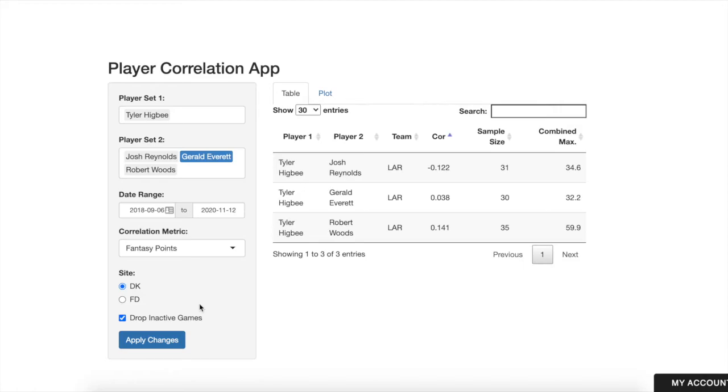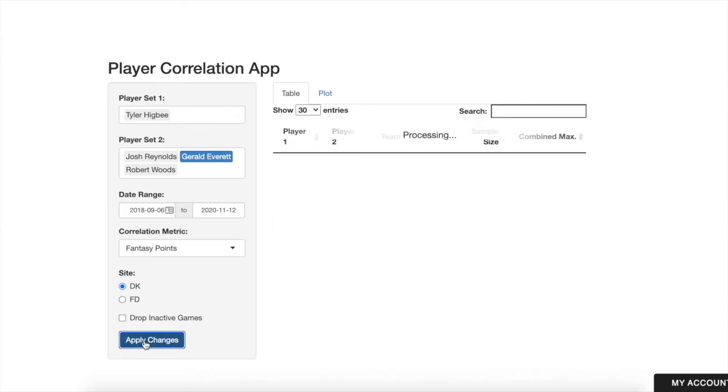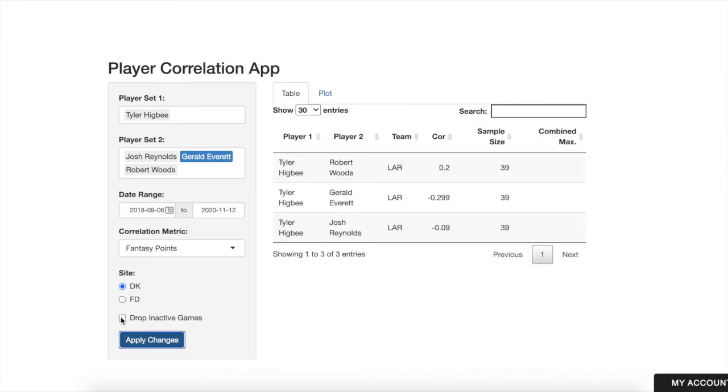That's going to be the default for the application, but by unchecking drop inactives, we can coerce games in which a player is inactive to be counted as zero. So essentially that player had no role. So we can find negatively correlated players, players who achieve ceiling performance when player X, Tyler Higbee, has minimal performance.